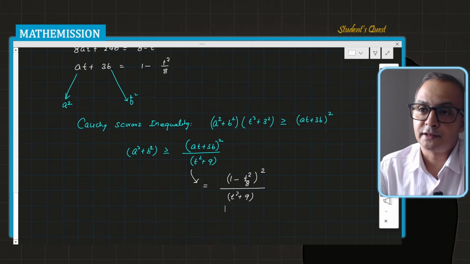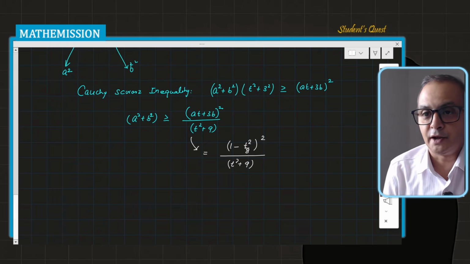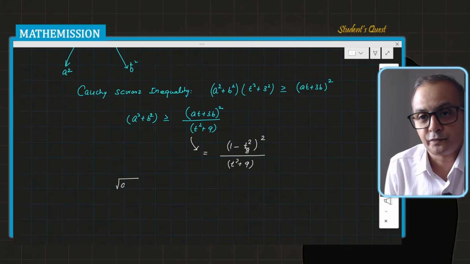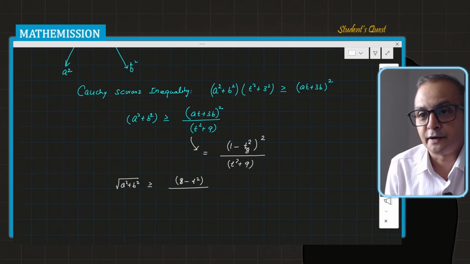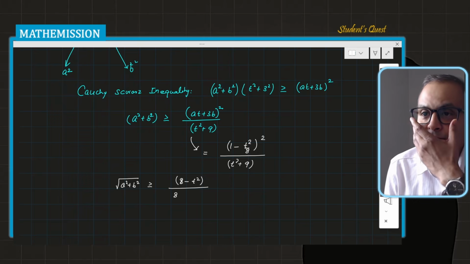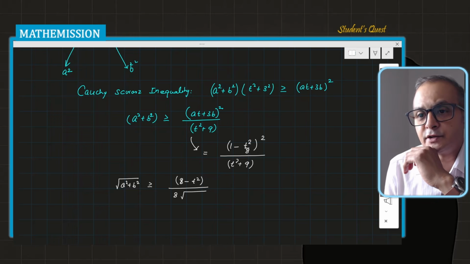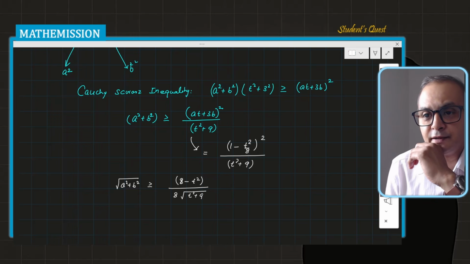Since I have to find the minimum value of the square root, I can take the square root on both sides. So the square root of a square plus b square is 8 minus t square divided by 8 times root of t square plus 9.